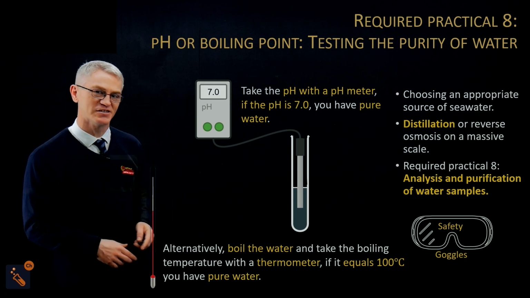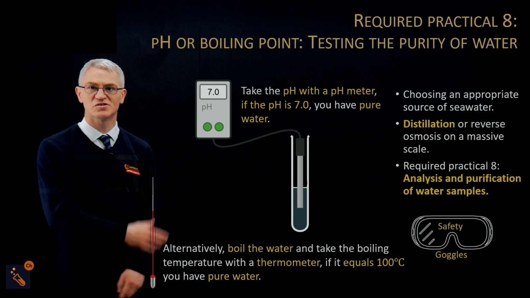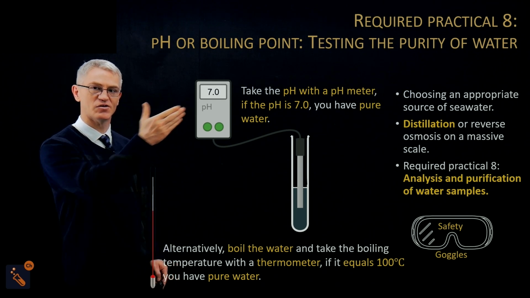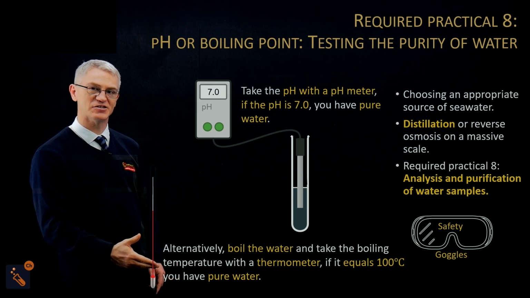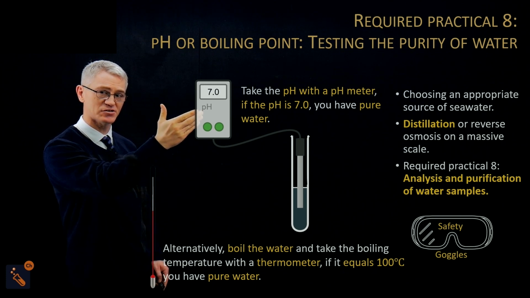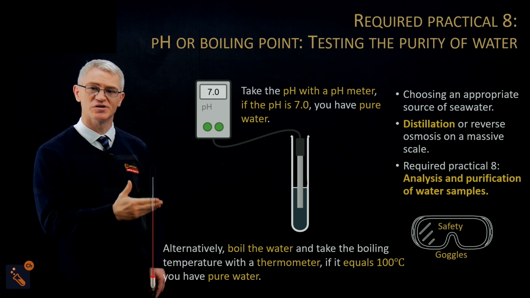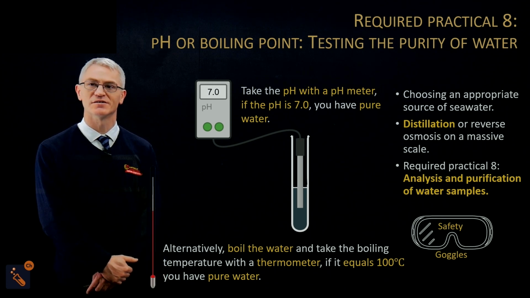Your exam answer basically is: equals 100 degrees, you have pure water. So there's 2 ways of finding out whether your water is actually pure. It's well worth emphasising this: pH, or boil the water and make sure that the boiling point equals 100 degrees Celsius.